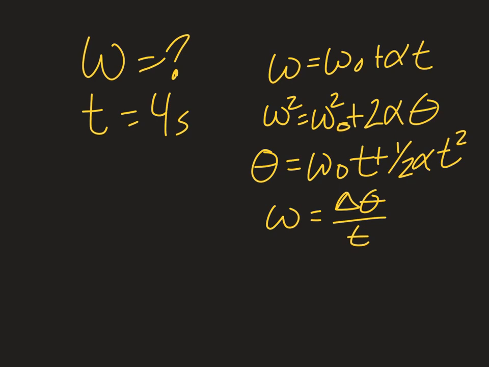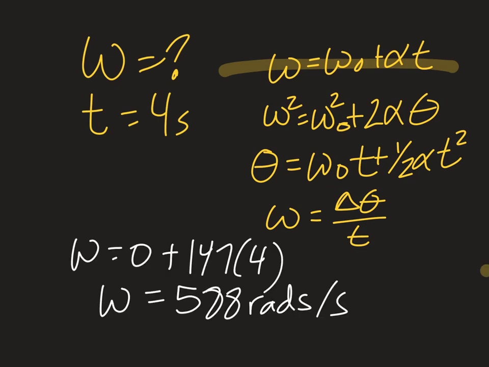When looking at the variables that I know, I feel that this will be my best selection, being as I don't know how many times the globe has spun around, which would relate to its angular displacement. I calculate my final rotational velocity after 4 seconds to be 588 rads per second, when I recognize that I had an angular acceleration from our previous problem of 147 rads per second squared.